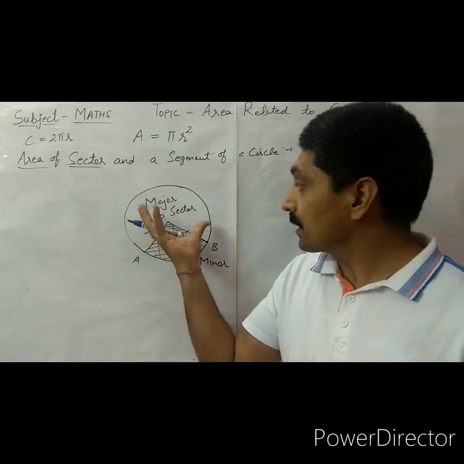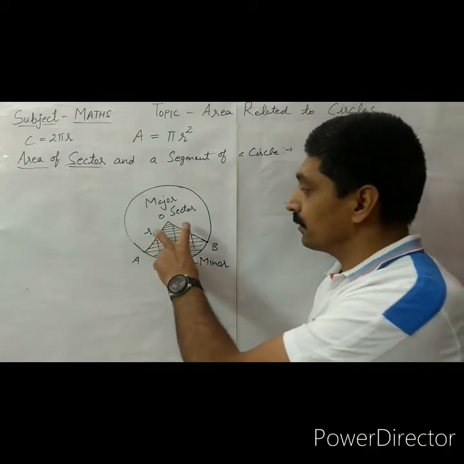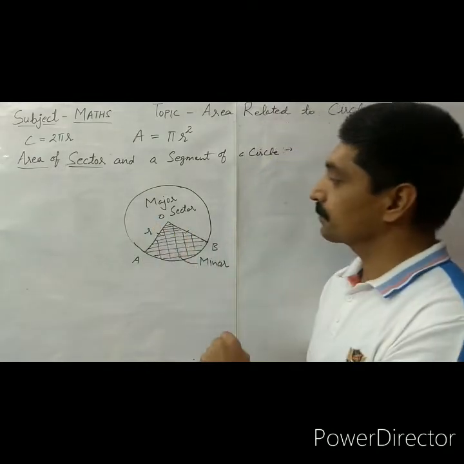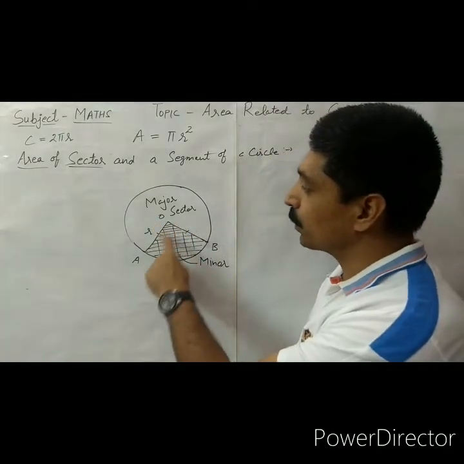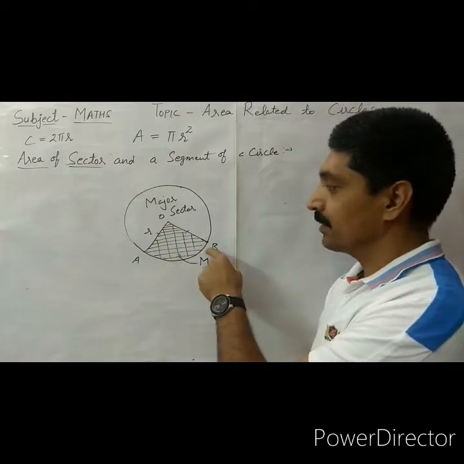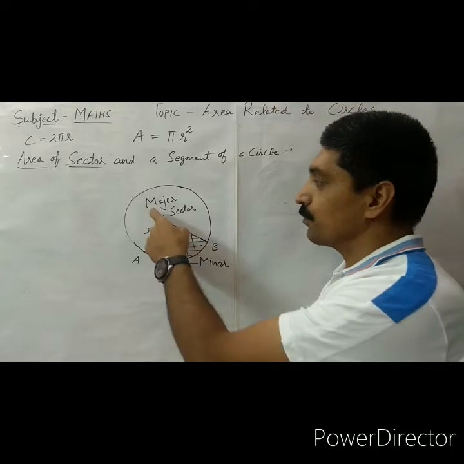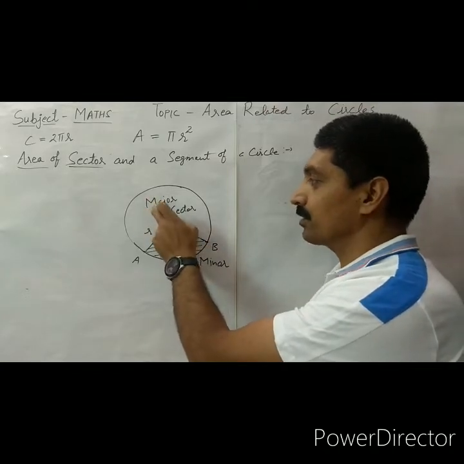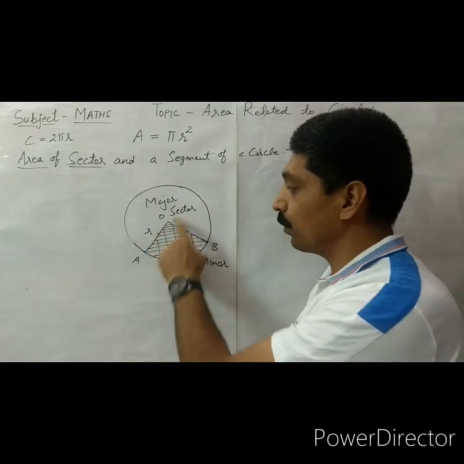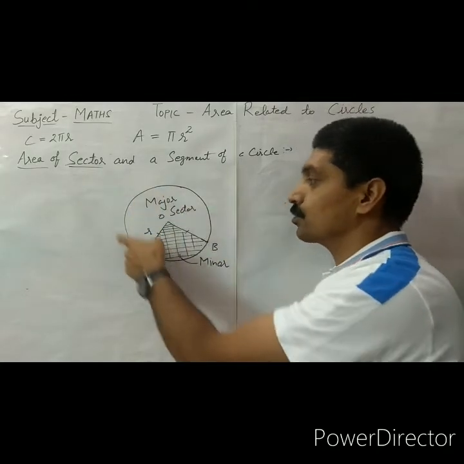So a sector is the portion of a circle which is enclosed by two radii and the corresponding arc. This is also true for the major sector, the region of the circle enclosed by two radii OA, OB and the corresponding arc.